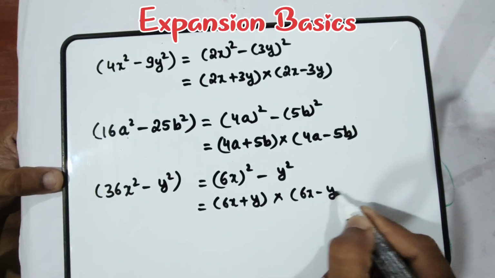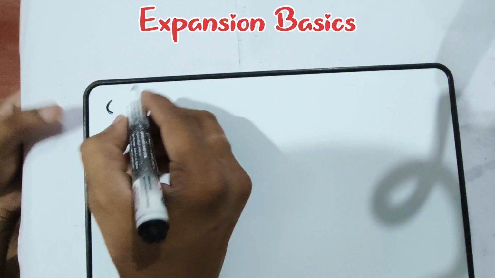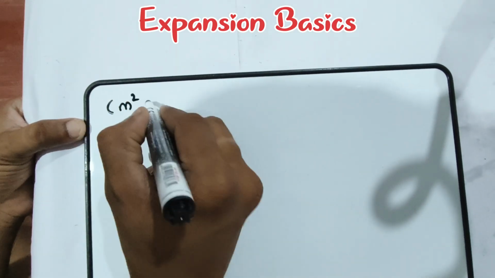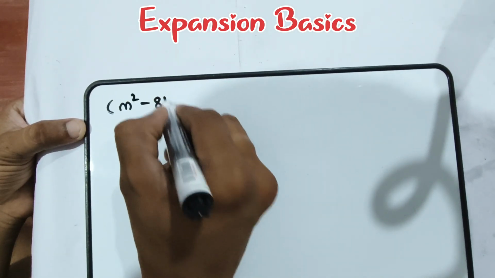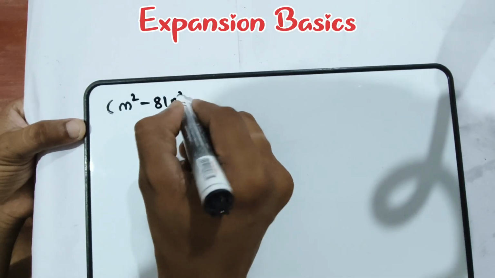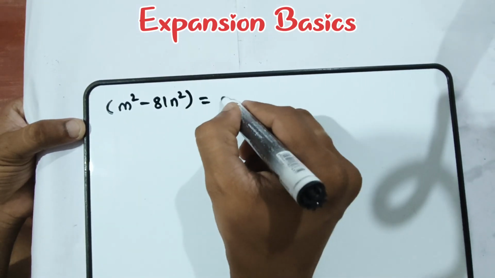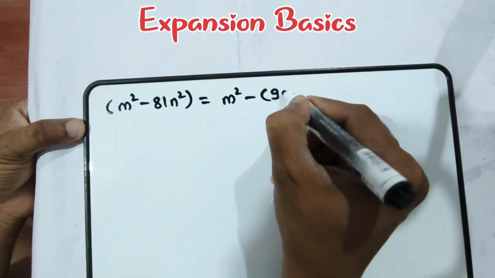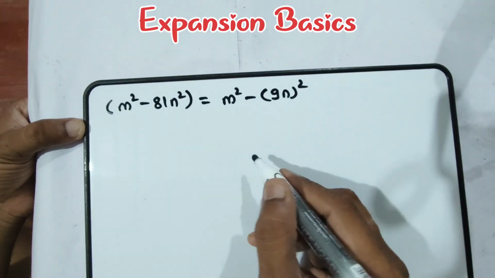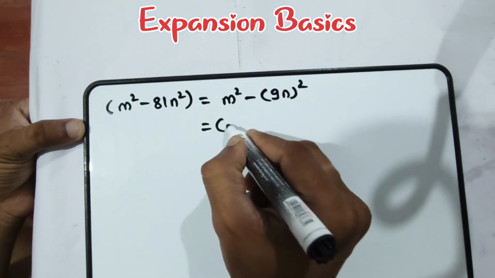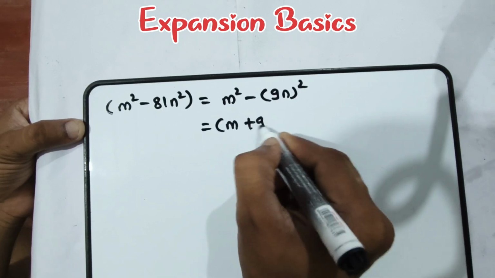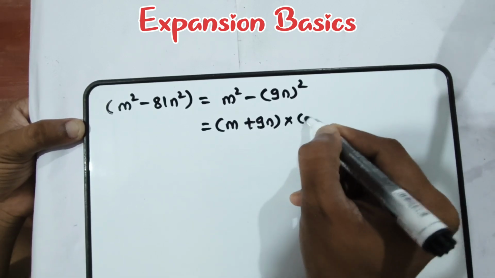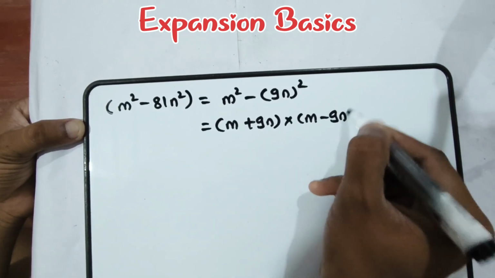Next, m square minus 81n square, that is m square minus 9n whole square. It is of the form a square minus b square: m plus 9n into m minus 9n.